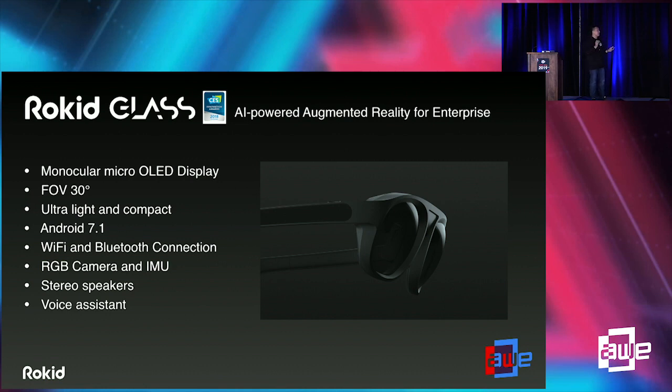Good news is we use Android 7.1 as our operating system, and we also support Wi-Fi and Bluetooth connection. We have one RGB camera and IMU mounted on the device, stereo speakers, and we also embedded voice assistant services inside. Rokid Glass will be available for mass production by the end of June this year.